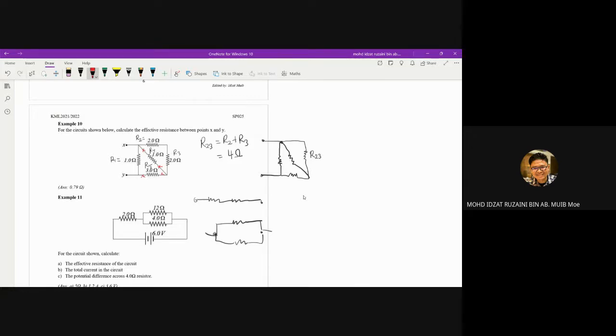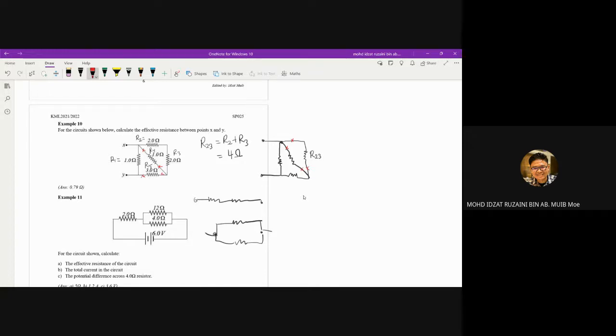So maksudnya apa? The next part kamu kena selesaikan ialah, kamu tengok sini. Over here. Nampak tak ini? Kaki R23 dan juga kaki R4. Kaki ini bertemu kaki ini R4 ni. Kaki yang sebelah sini pula bertemu dengan kaki satu lagi.